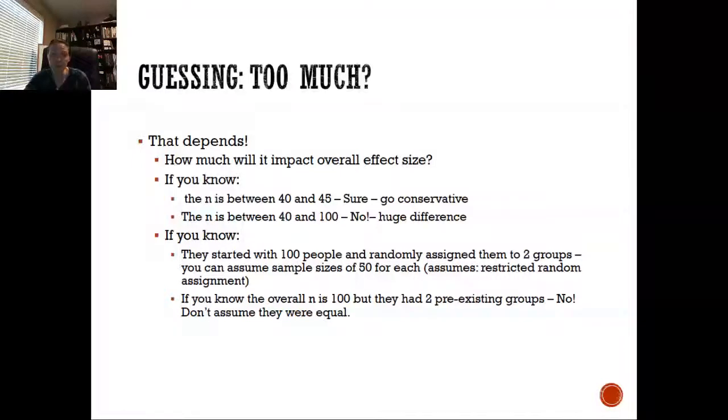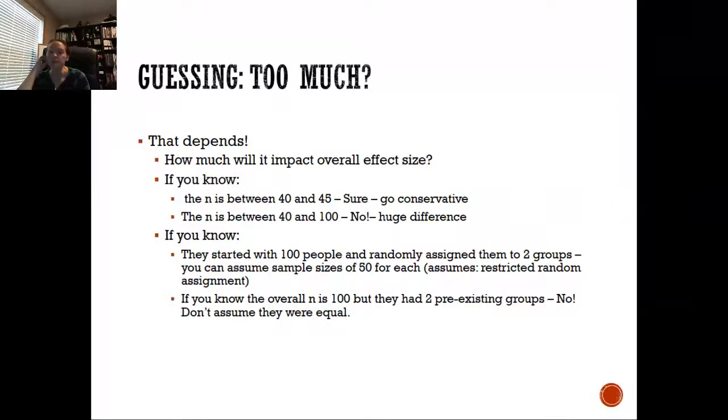So, another example, let's say that you start reading an article and they say they started with 100 people that were randomly assigned into two groups. But they never actually mention the size of those two groups. You can go ahead and guess that they were about 50 each.